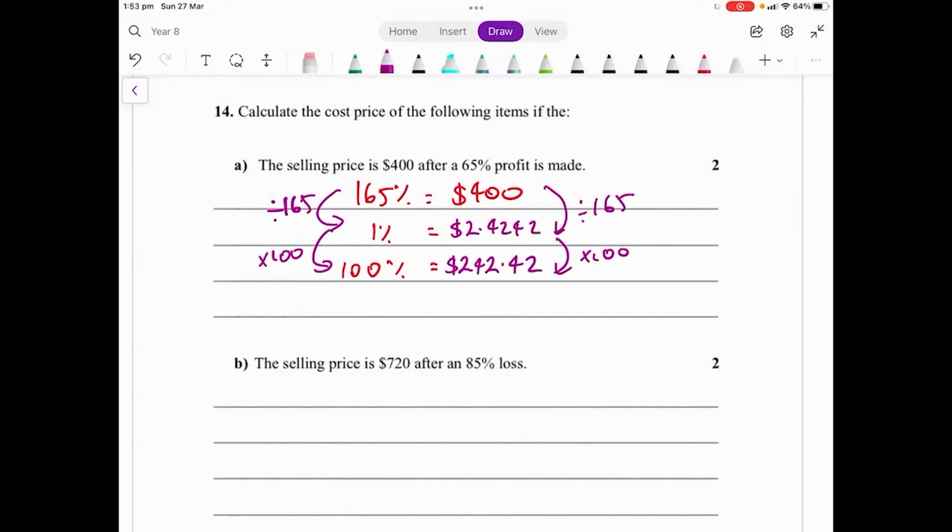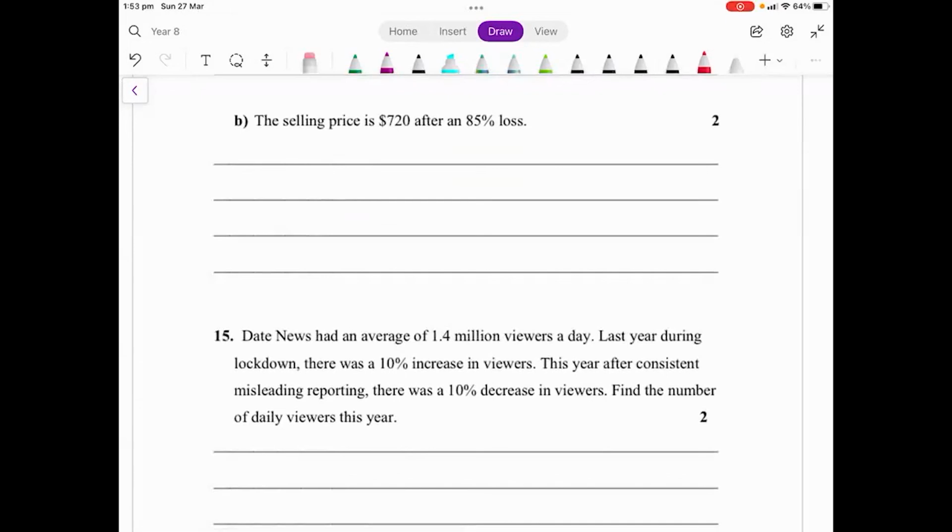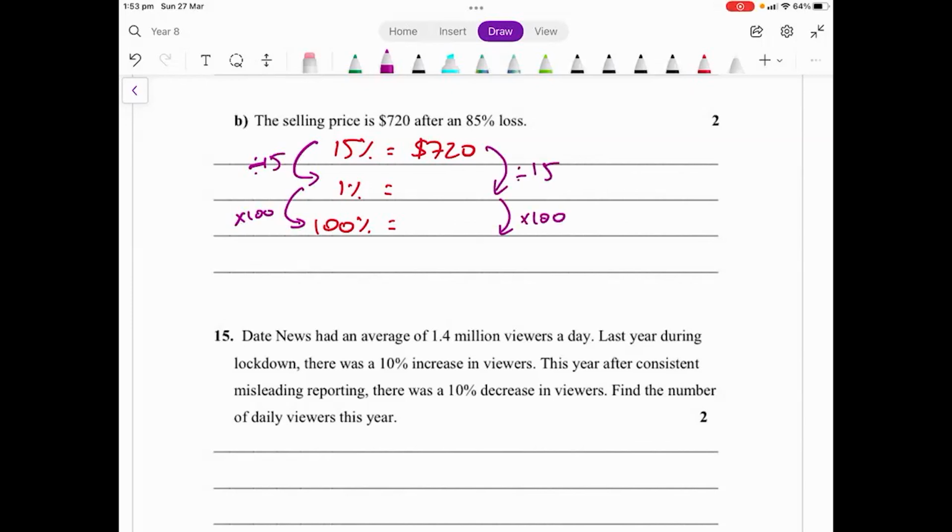Part B says the selling price is $720 after an 85% loss. So you start at 100%. If you've lost 85%, you have 15% left over. That means 15% is equal to $720. Use the unitary method to find 100%, and that gets you $4,800.